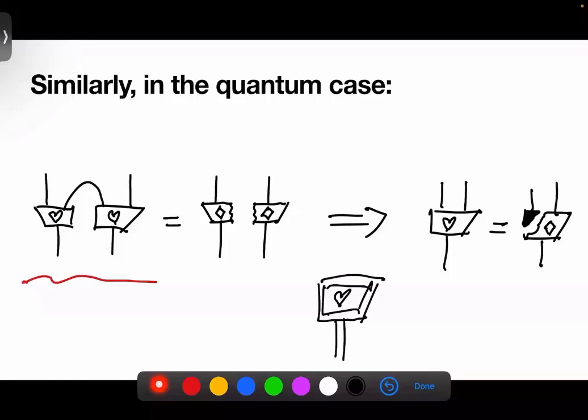It has 2 wires coming out, 2 wires here and 2 wires here, and we discarded one of its outputs.